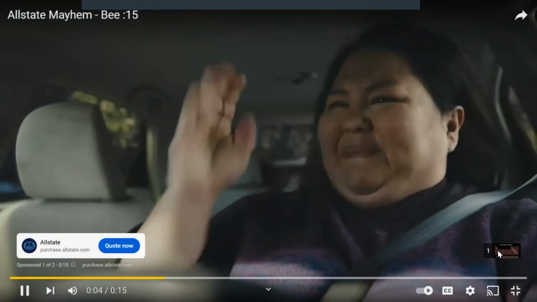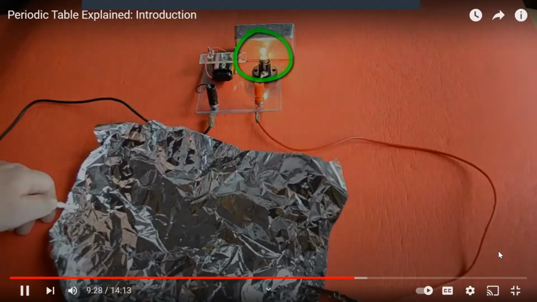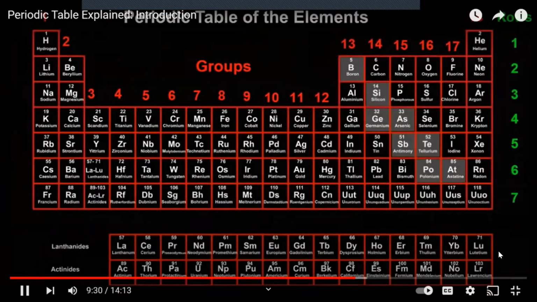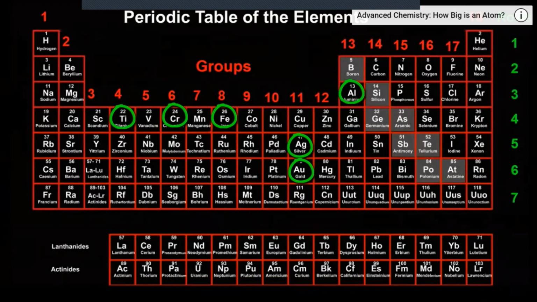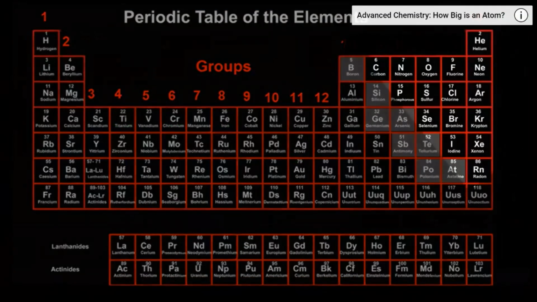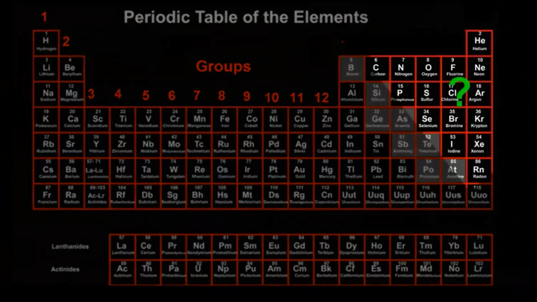We looked at aluminium, titanium, chromium, iron, silver and gold, all to the left of the diagonal, and saw that they all have metallic properties. What about nonmetals to the right-hand side of the diagonal? They're the opposite.